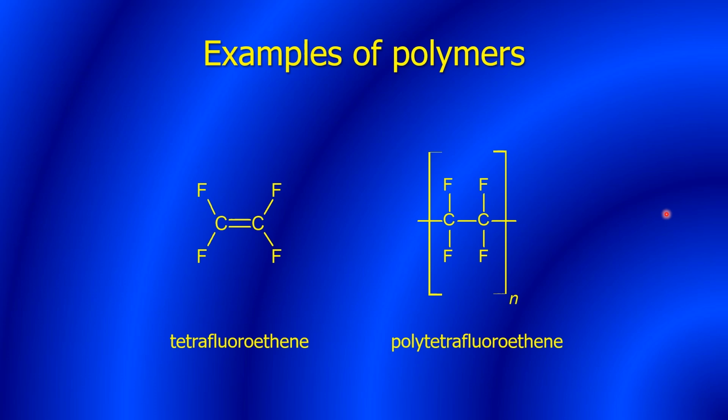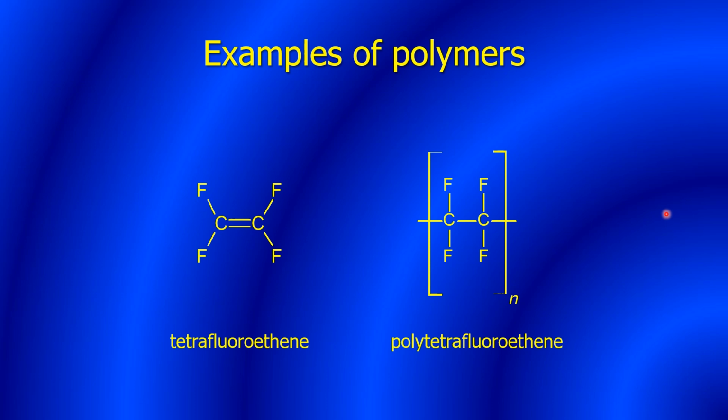In the notes I've shown you another example, which is polystyrene or polyphenylethene, as another common plastic which you'd be aware of. So those are all the monomers and polymers which you'd be expected to know at GCSE.